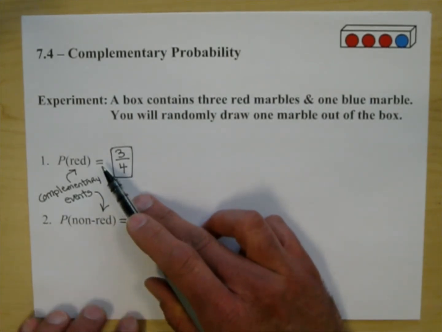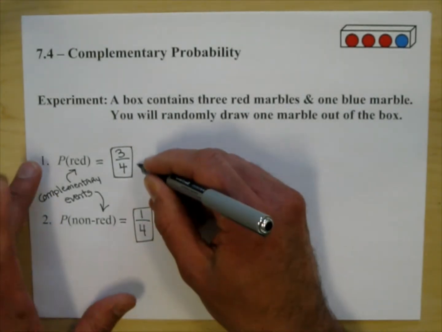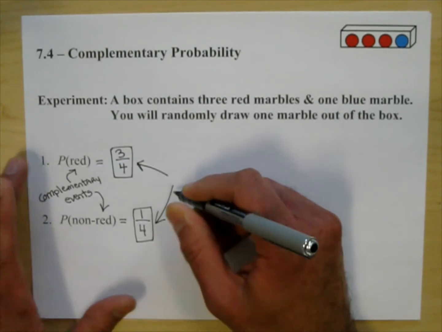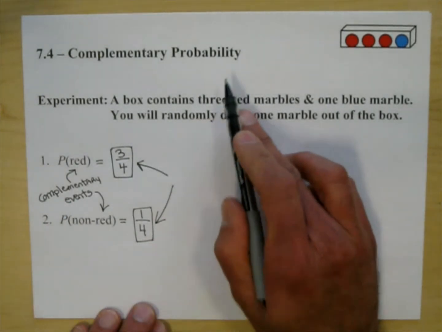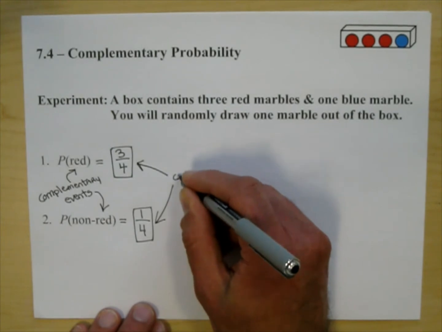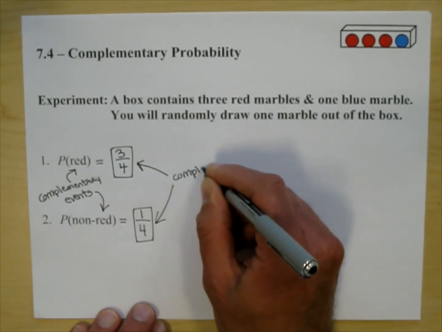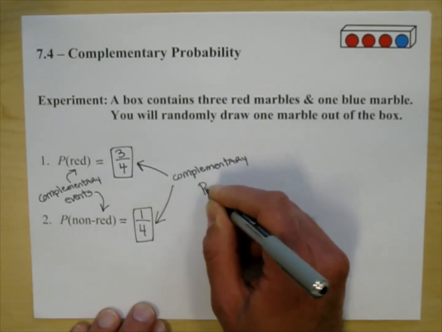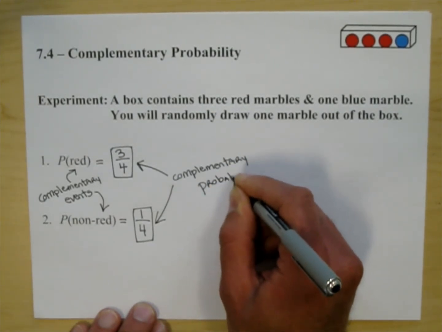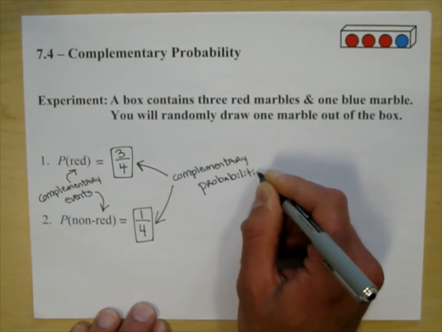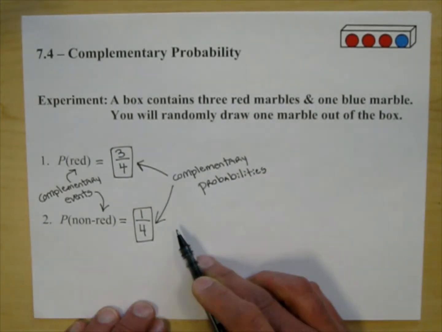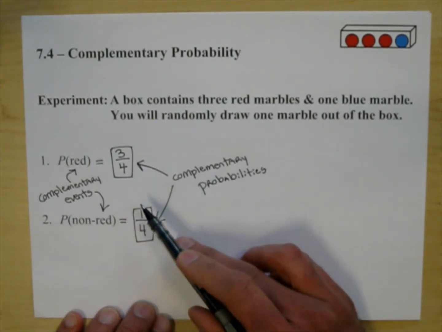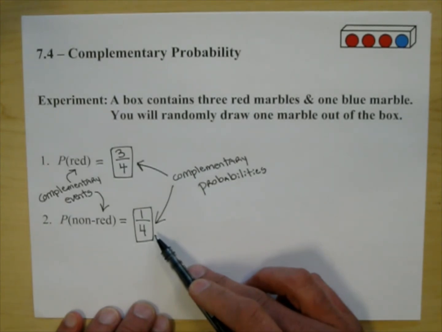And when you look at the probability of complementary events, those probabilities are called complementary probabilities. So I'll write that down. Take a look at those complementary probabilities. You might pause the video if you want to think about them, but there's a property of those complementary probabilities.